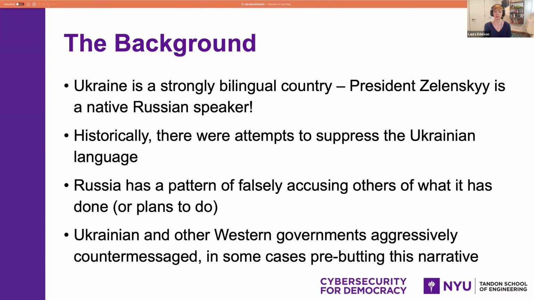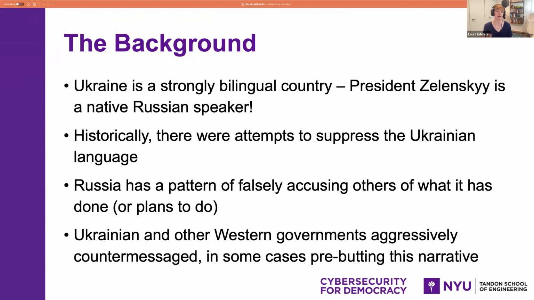And so the Ukrainian government was able to aggressively counter-message this. And in some cases, the US government pre-bunked specific false stories by the Russians about this when they had the intelligence to do so.